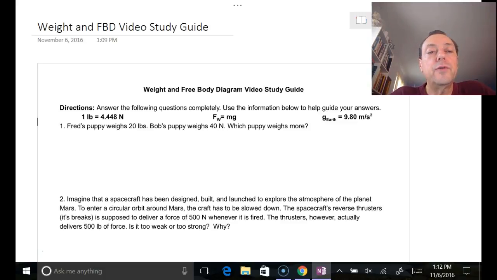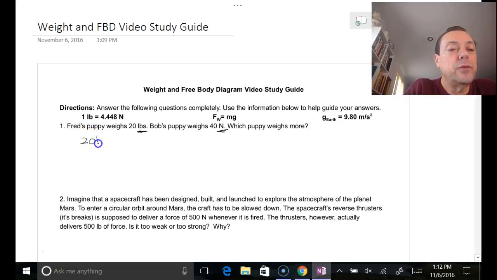Fred's puppy weighs 20 pounds, Bob's puppy weighs 40 newtons. Which puppy weighs more? Well, in order to get a basis for comparison, we've got to get the same units. So I'm going to convert from 20 pounds into newtons.